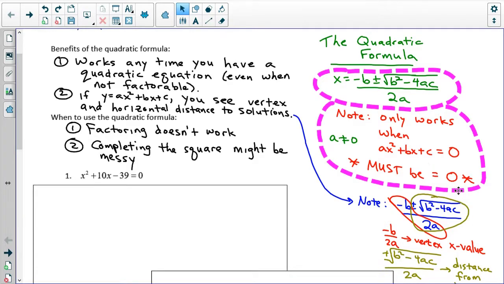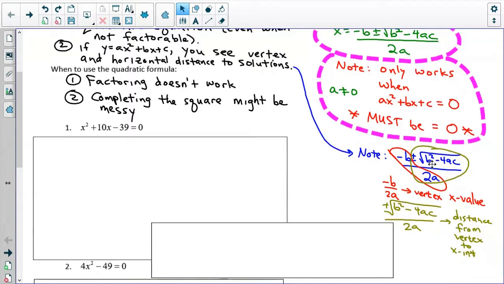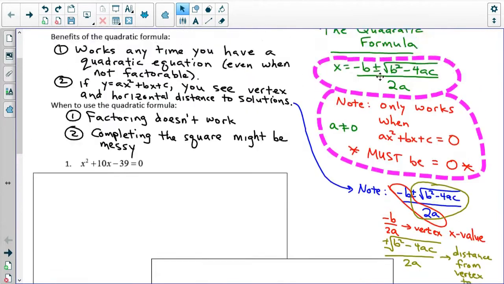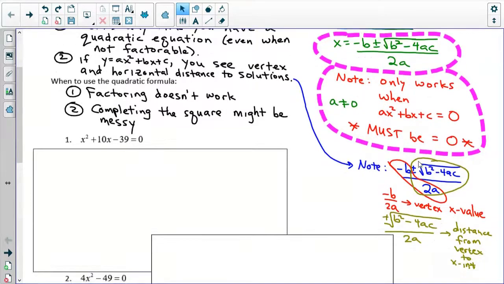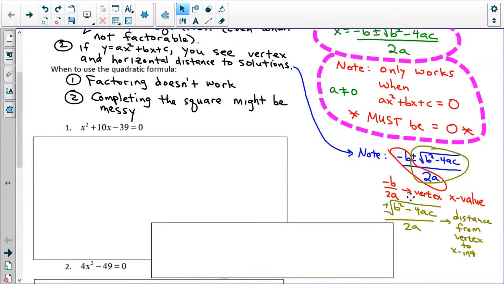Also note that the quadratic formula gives us some benefits. If we see negative b over 2a in the quadratic formula, we know that that's the vertex x value, and we found that out from graphing a little bit ago.